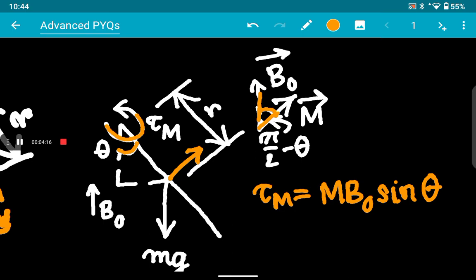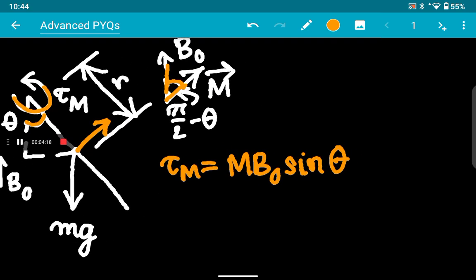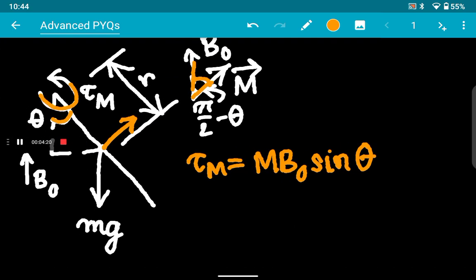Okay, and now see this, when will this be in equilibrium? Obviously when the moment of the gravity will balance this moment due to the magnetic field. So we'll simply equate the two torques, because for equilibrium there should be no net torque.